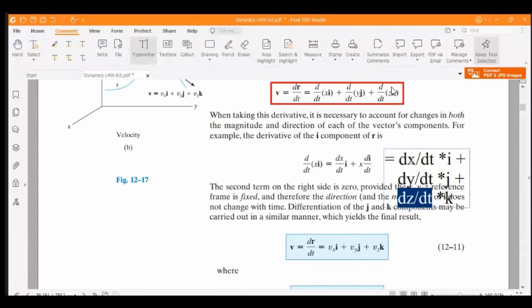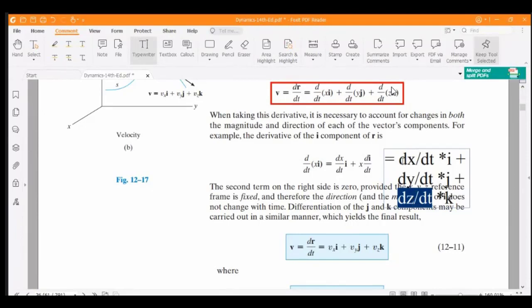Also dx by dt means position change. This is also position, this is also position. So they are the position change of velocity, in the direction of x, y, z. Not position like the magnitude in x direction, magnitude in y direction, magnitude in z direction of that velocity is actually these terms.